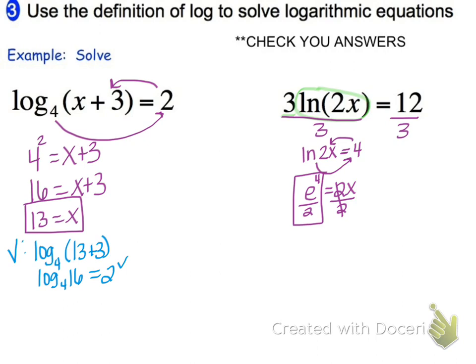Now, if we want to check this, let's go ahead and check our answer. We'd have 3 times the ln of 2 times e to the 4 divided by 2. Now inside the parentheses here, those 2's are going to cancel out, so we're going to have 3 times the ln of e to the 4th.